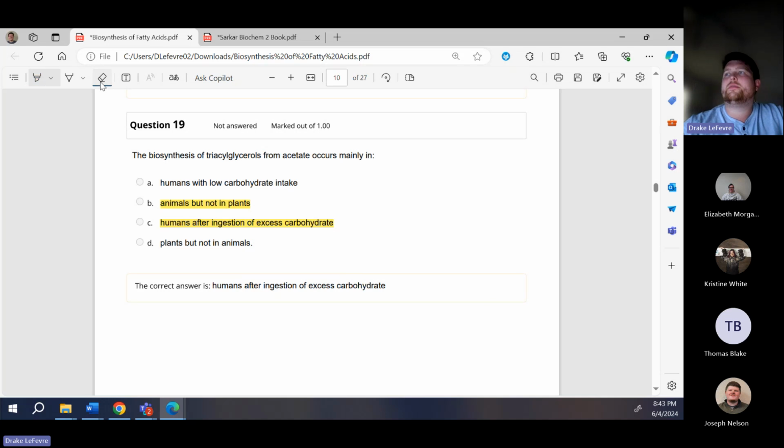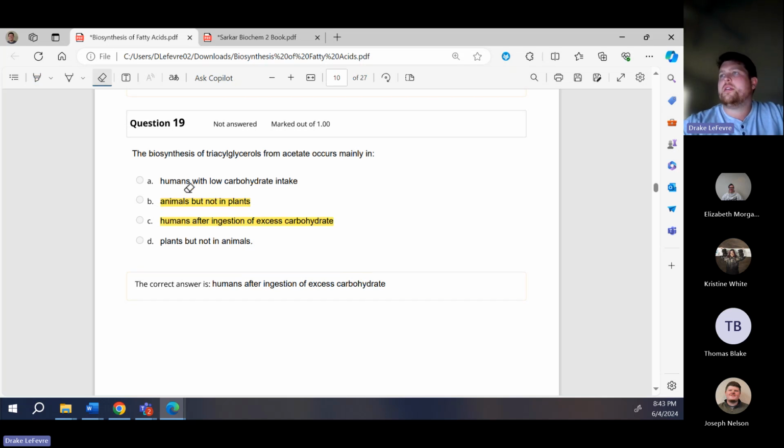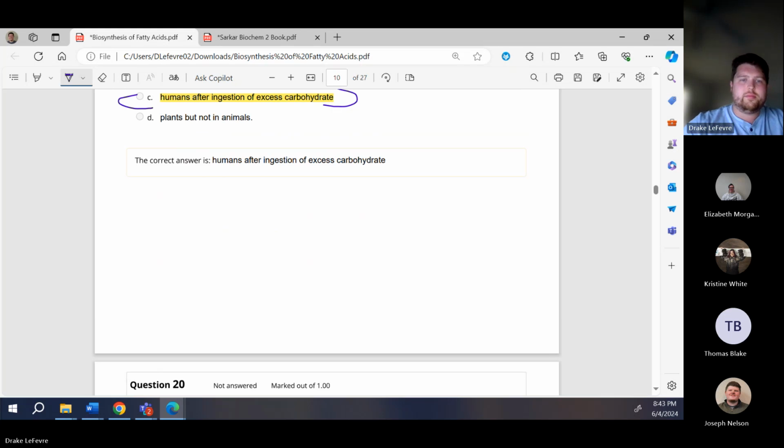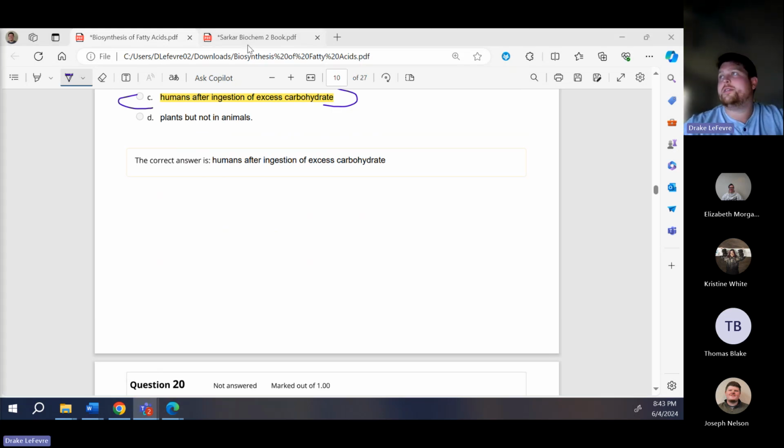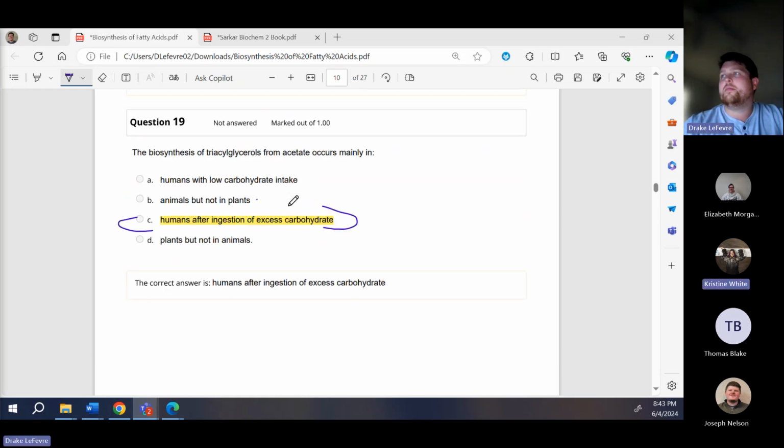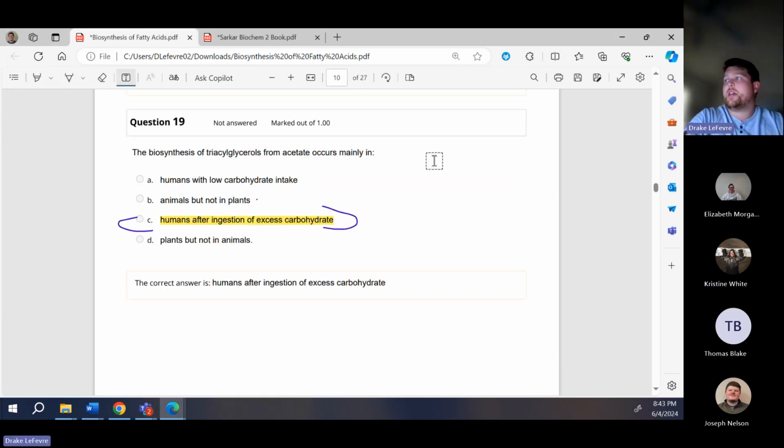I'm going to say letter C is your best choice. If C is not there, then pick B. Okay? I think C is going to be the best answer for this question. Sorry, I don't have a better answer for you guys. I don't know the full breakdown of all of that from plants and animals.